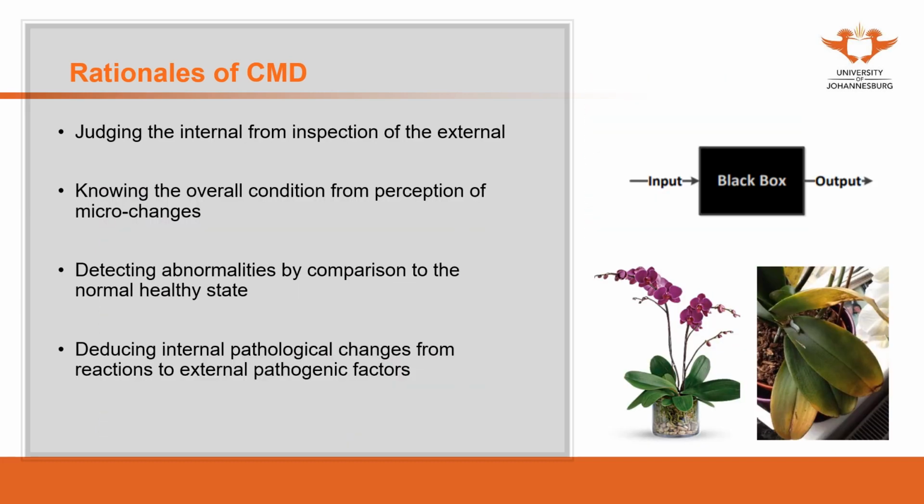The last one, detecting abnormalities by comparing to the normal healthy states. So for this feature, we describe that in order to understand the abnormal, we need to study the normal.